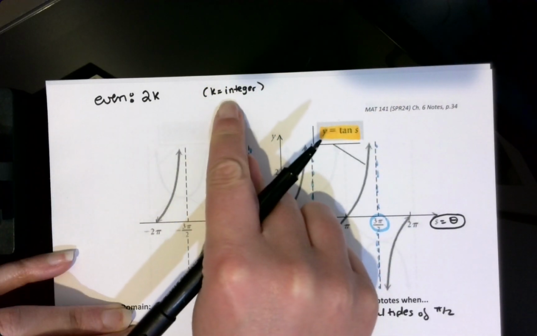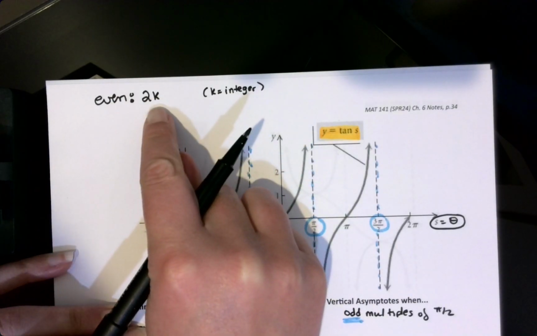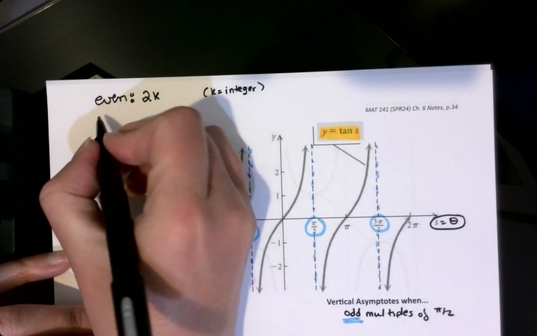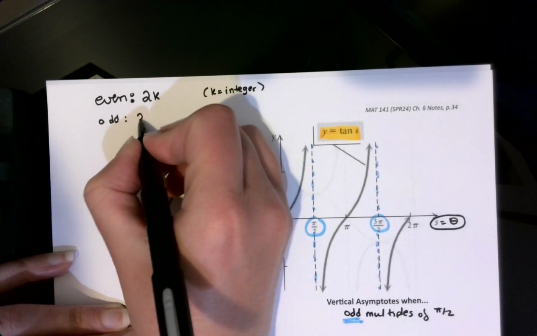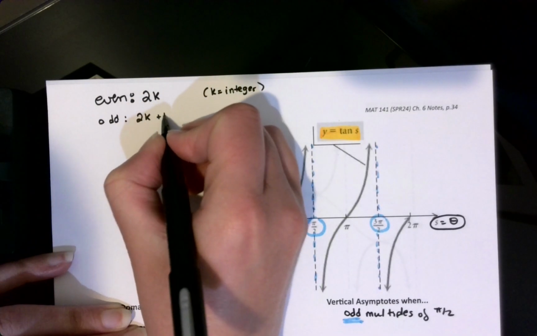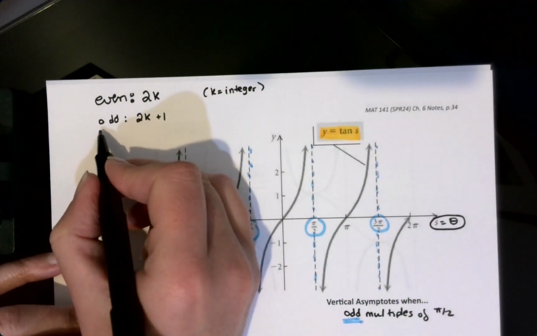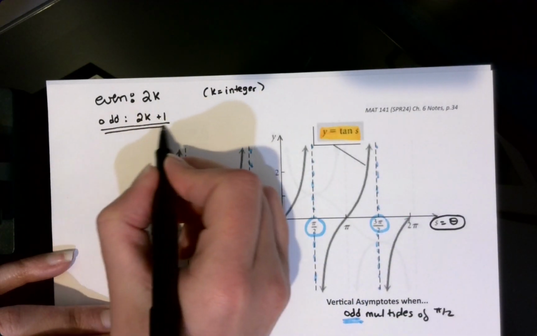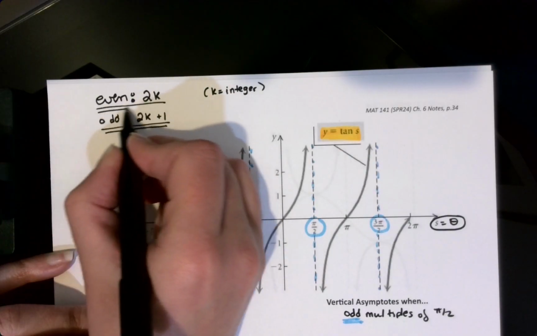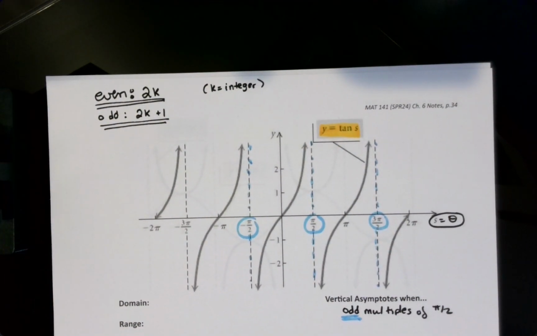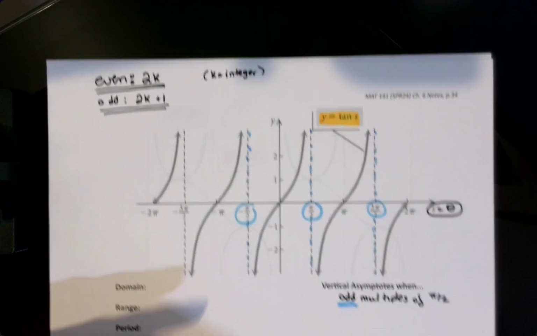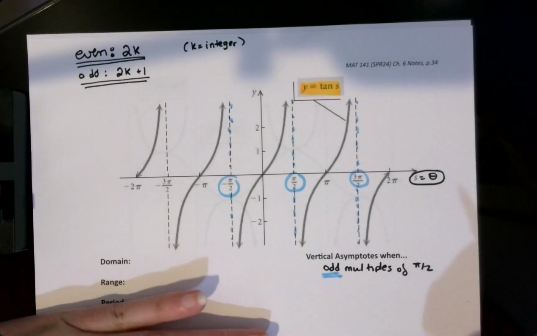So if k is an integer, 2 times any integer is going to be even. So if I want to make an odd number, I can take any integer and I can add 1 to it. So that's going to be the way that we're going to express numbers that are odd versus numbers that are even. Okay, anything that's even, add 1 to it, you get an odd, or you can subtract 1, doesn't matter. Add 1, subtract 1, same difference, because k is an arbitrary integer.